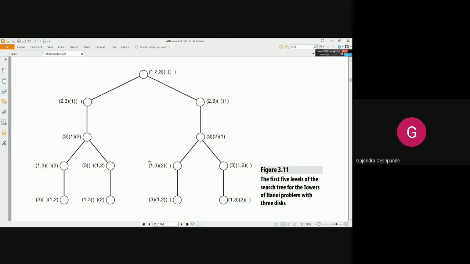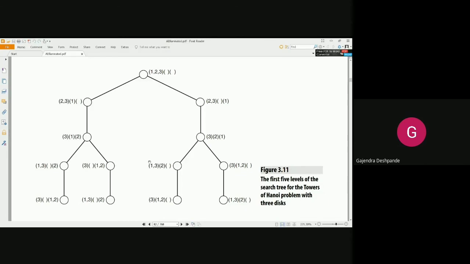So you can observe here that when you have the possibility of 3, 1, 2, that means on the first peg we have disk 3, on the second peg we have disk 1, and on the third we have disk 2. Then again we have three possibilities. The first possibility is to move disk 1 from peg 2 to peg 1.